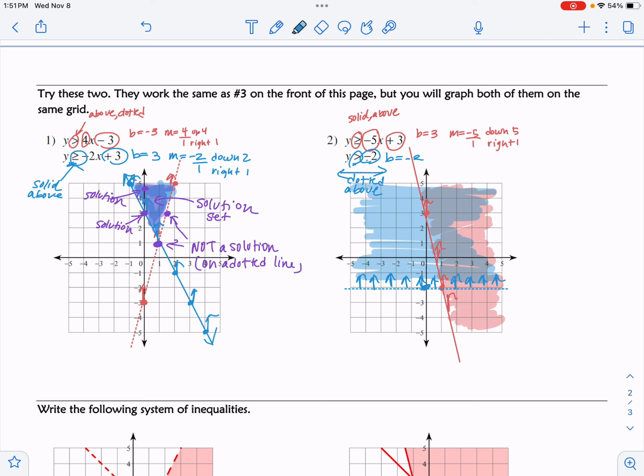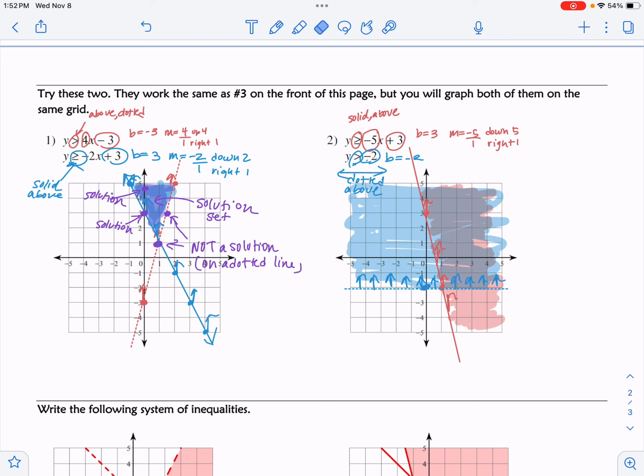And so the overlap, whenever you have two lines on the graph, you're going to end up with 4 different quadrants. You have this quadrant, this quadrant, this quadrant, or this quadrant. And so your goal is to decide which quadrant is your solution set. And so this is our solution set.